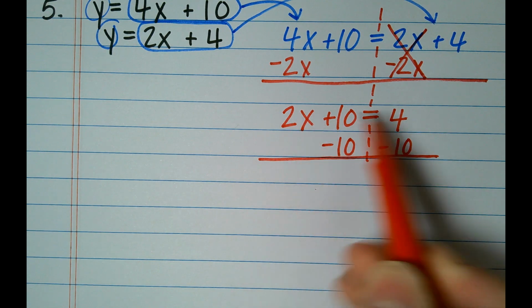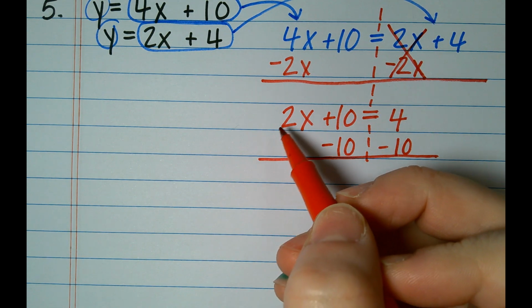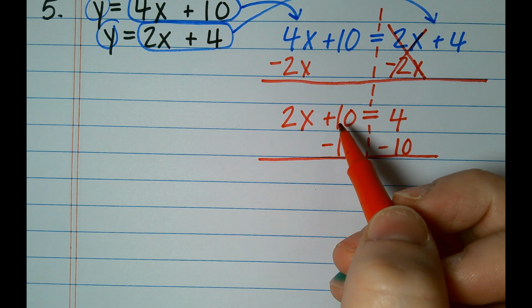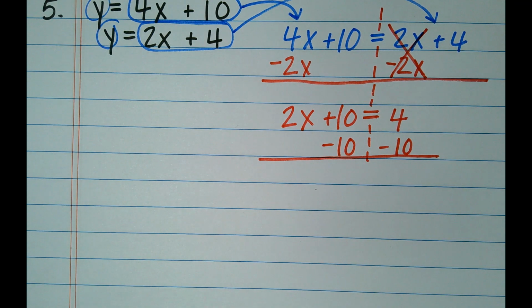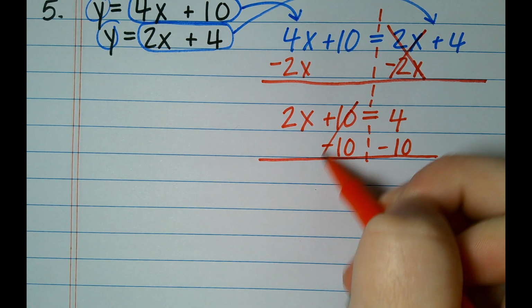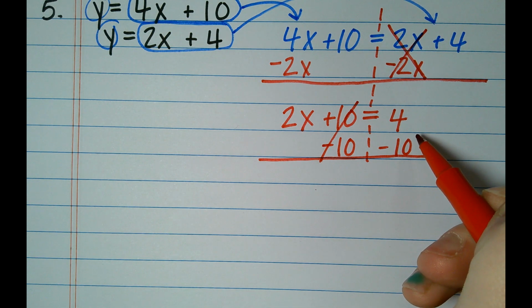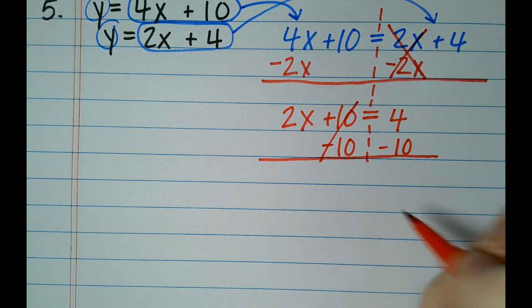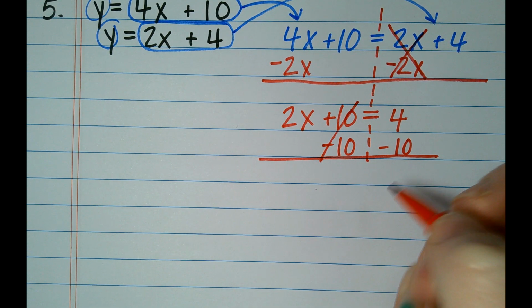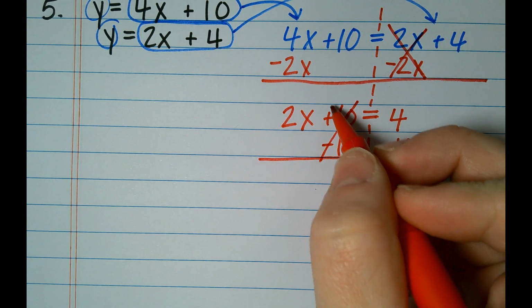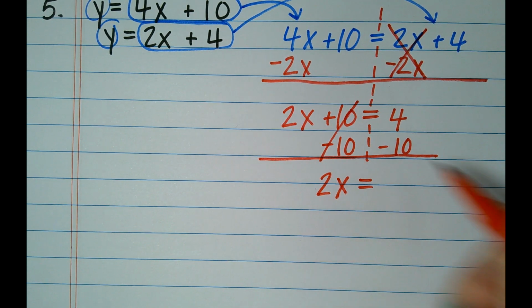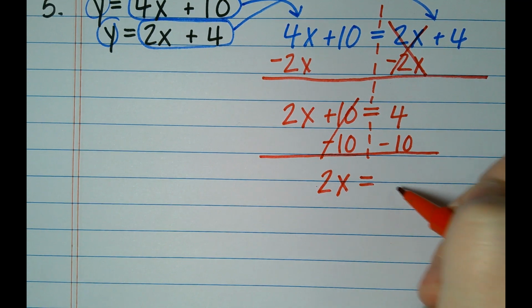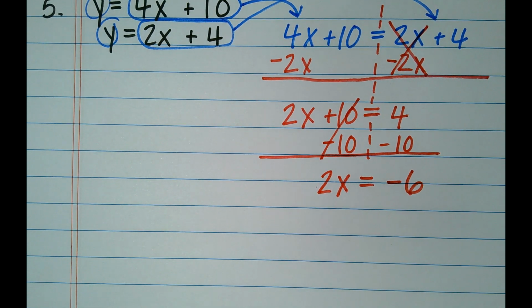In this part of the problem, I have all my x's on one side, but my numbers without x's, my 10 and my 4, they're not on the same side as each other yet. I need to bring 10 over here with my 4. Then I've got my terms separated. So my 10's cancel. I'll bring down 2x equals 4 minus 10 is negative 6.